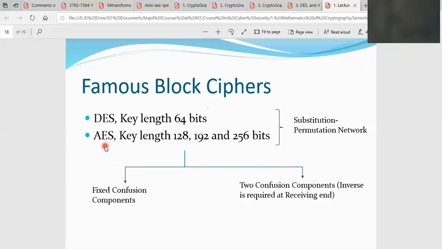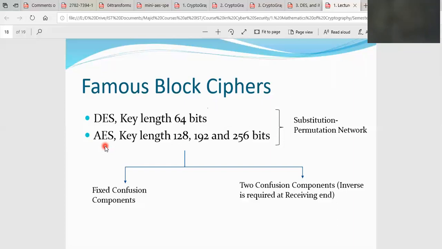In the late 40s or late 50s, encryption algorithms were utilized in individual ways, that is, they were not using substitution and permutation in a combined way.